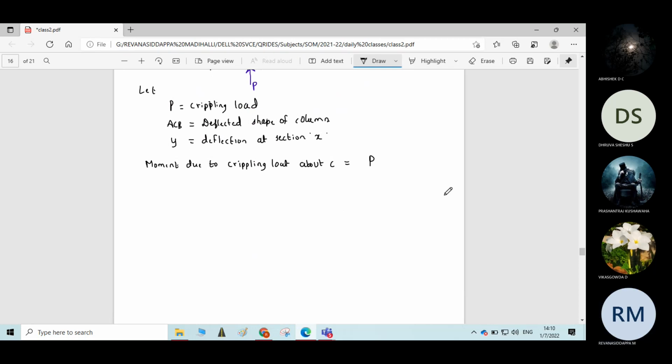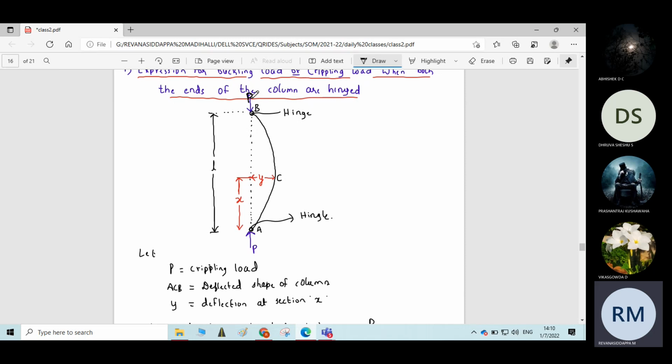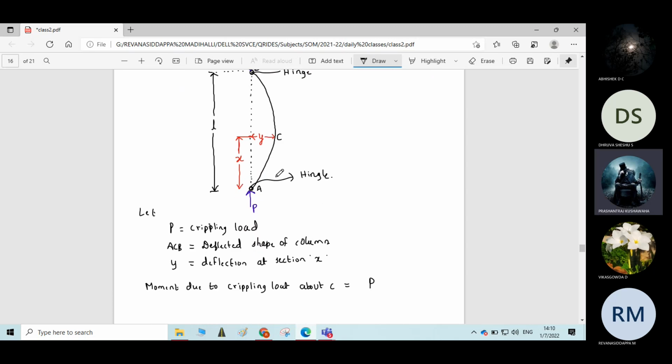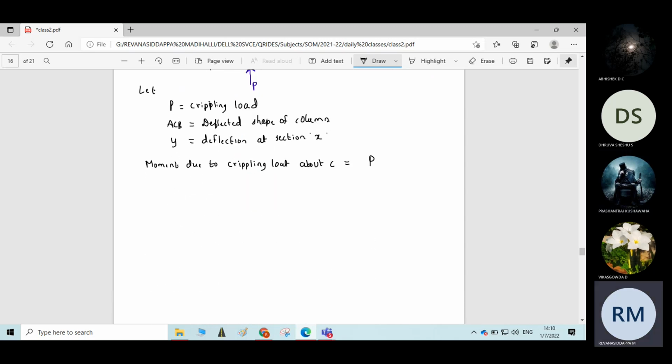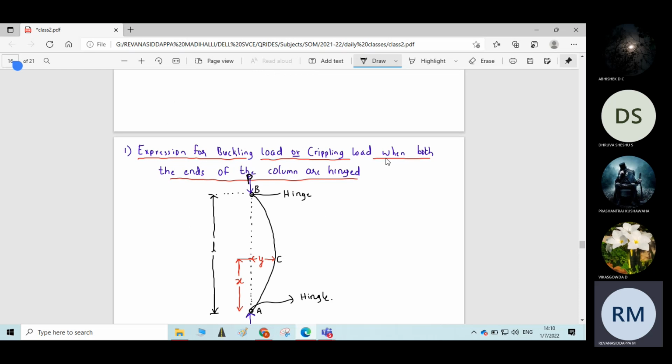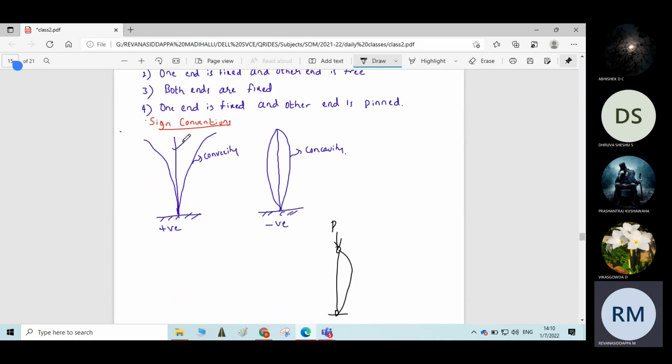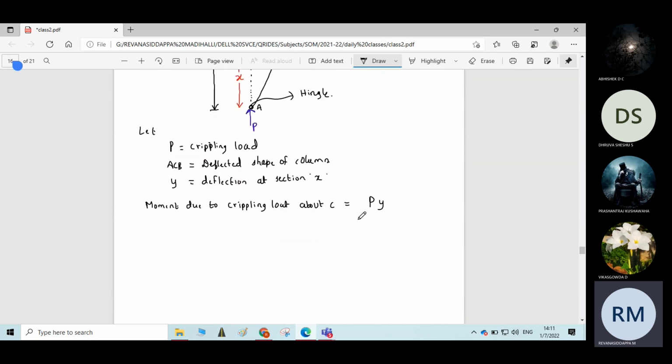Prashant? Moment of force P about point C. Yes, sir, force P into y. Y is directly there, no? P into y. What about the sign, plus or minus? Just see the sign convention. The deflected shape is concave, so the sign is negative.